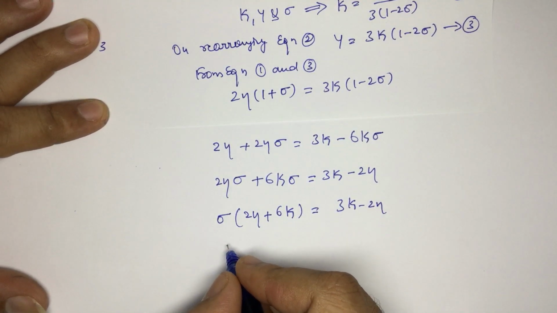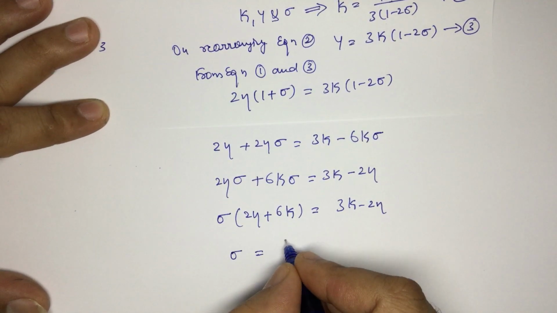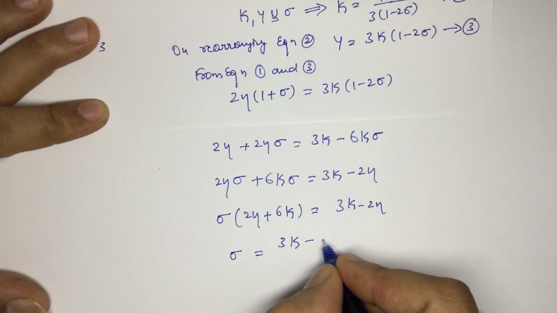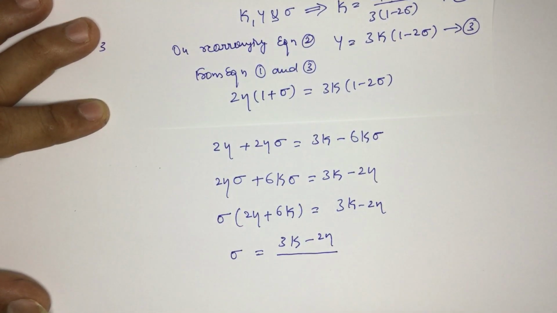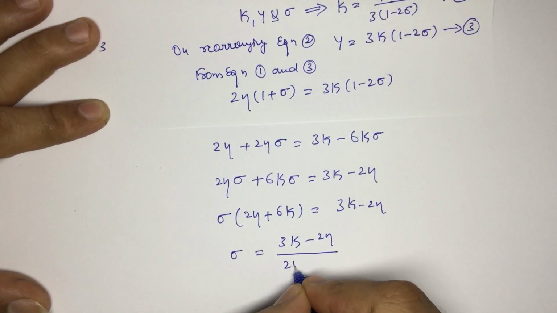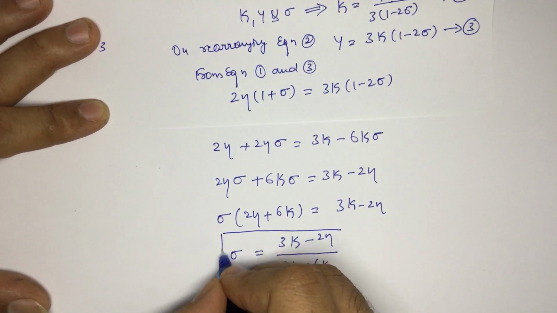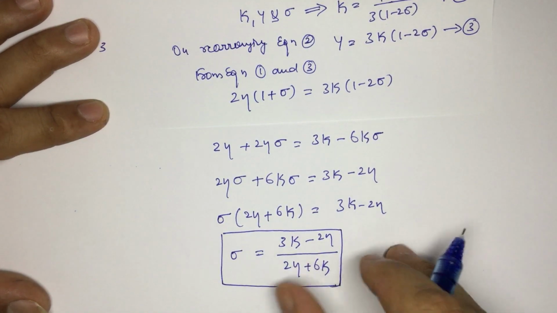Now sigma I'll keep as it is, then bring remaining terms to RHS: 3k minus 2 eta divided by 2 eta plus 6k. So this is the relationship that we got here.